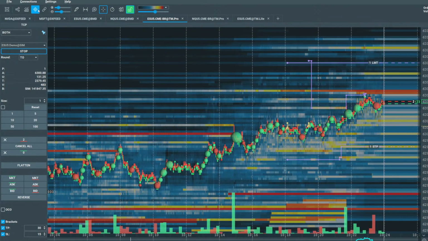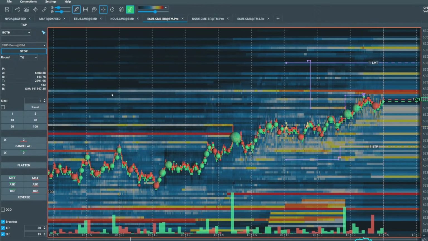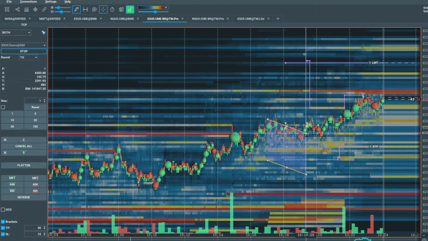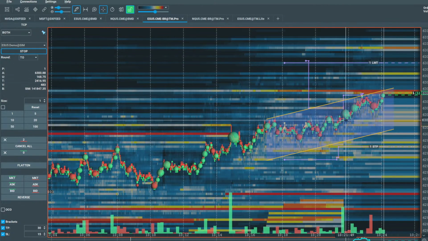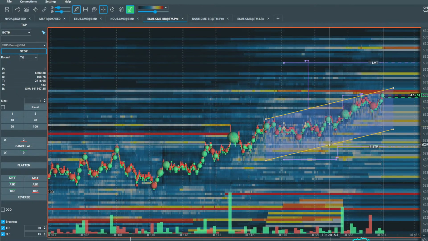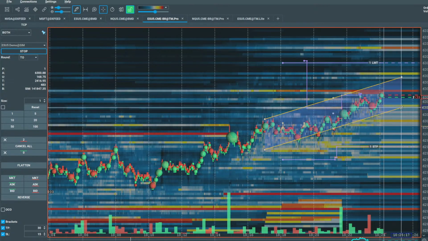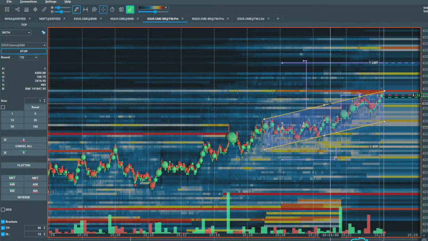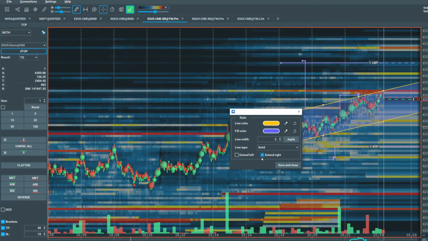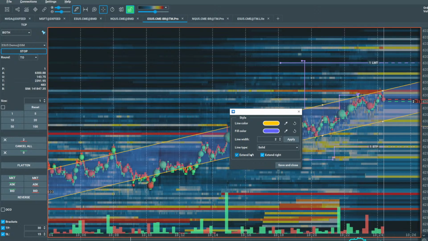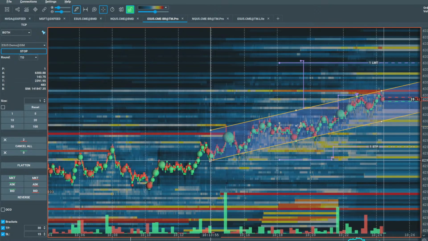And I'll just use the new tool that we had about a month ago or so, our channel tool. Okay, and we'll just put this in here, edit it, and we'll bring it up. Oh yeah, we got the extension here. If you want to extend it, just edit it, extend to the right, extend to the left. We don't need it to the left.